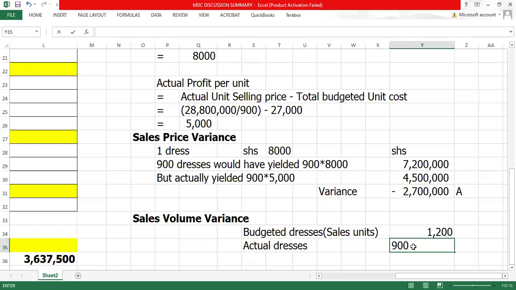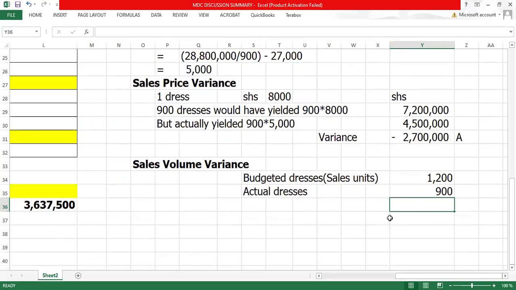So do you have a favorable variance or an adverse variance? We have adverse. Since it is adverse, I want to make sure that my figure is negative.